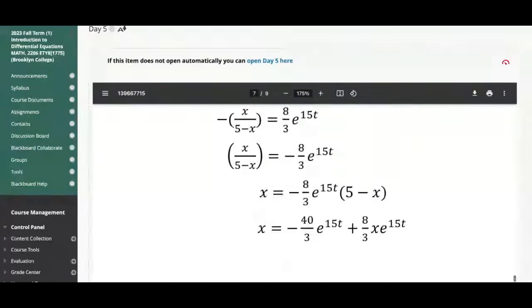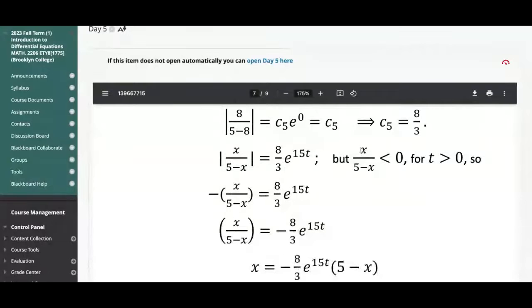So now let's go back to this, because I'm just asking. This is saying x divided by 5 minus x is less than 0. We can rewrite this as negative x over x minus 5. I'm just calculating why this has to be less than 0.